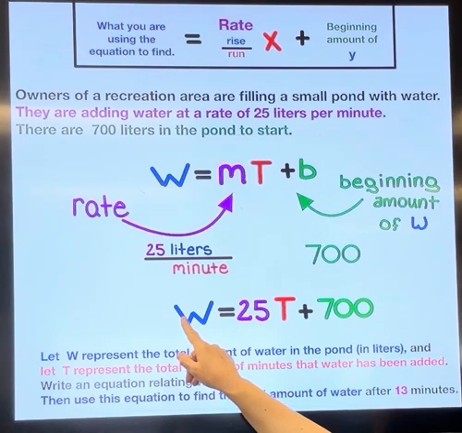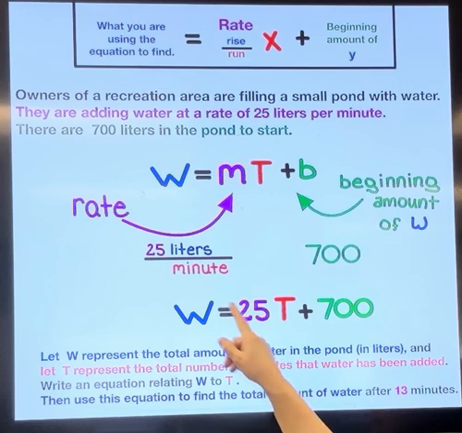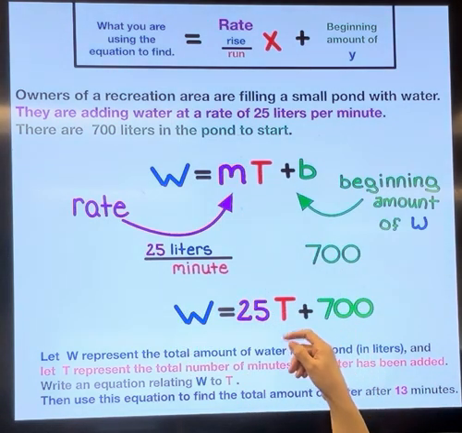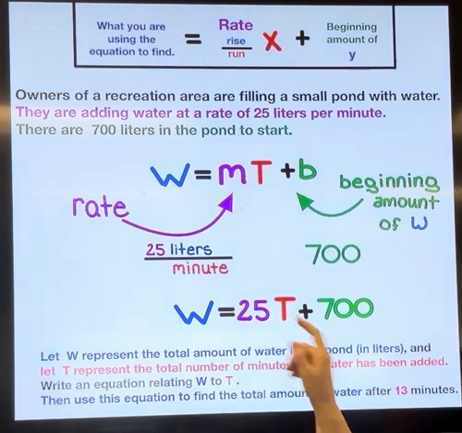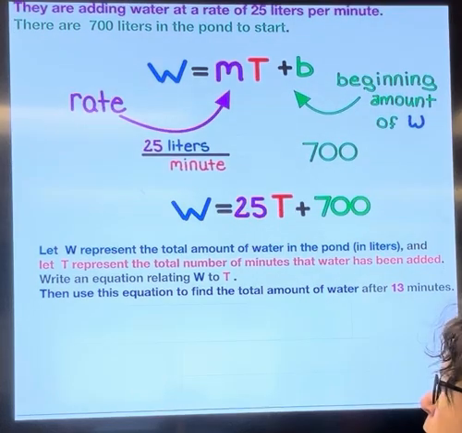So the beginning amount of water in this case. And this is your rate. Rise over run is going to be Y over X. So this label over this label. So water over time. Now that I have my equation, I can answer any question I want.